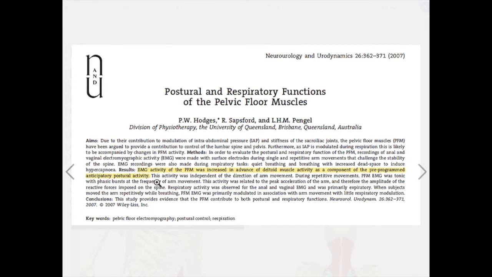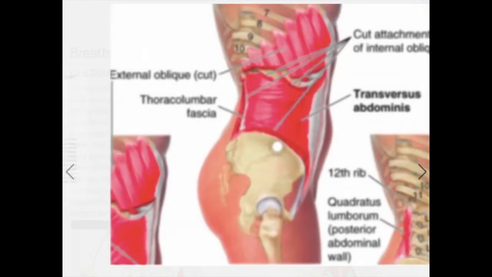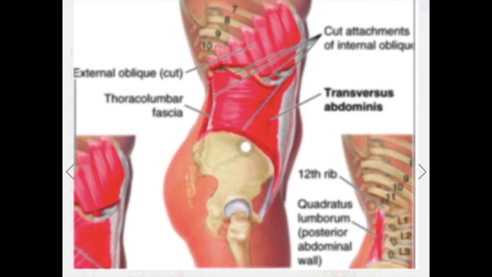Importantly, they suggested that this is pre-programmed anticipatory postural activity. This means that our body knows how much pressure we need to put into our abdominal cavity to prepare for destabilizing forces that would come from the upcoming movement of our own limbs.